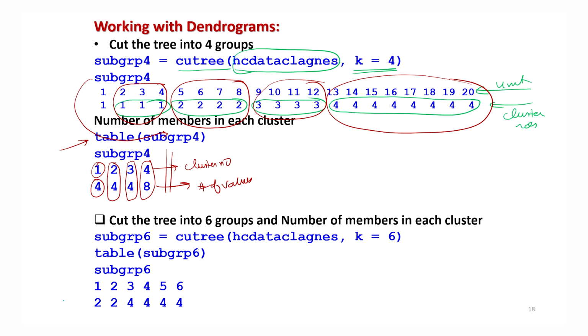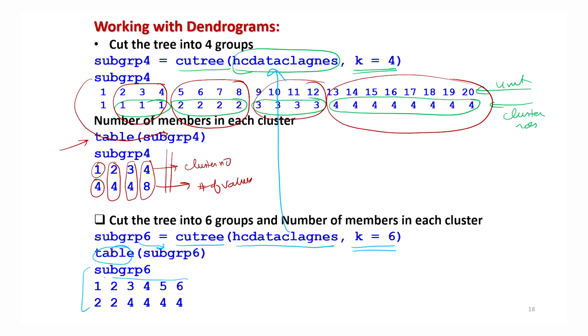Now suppose you want to have 6 clusters. Then you use the command cutree and the same data set which I have used here, but now k will be equal to 6. You can see that it gives me the outcome, and then if I make a frequency table using the command table over this outcome sub grp 6, you will see this outcome.